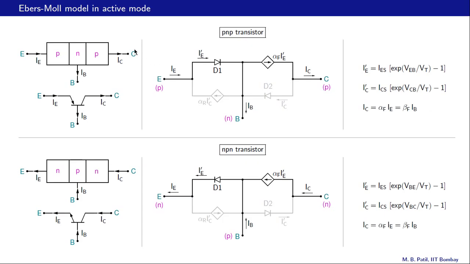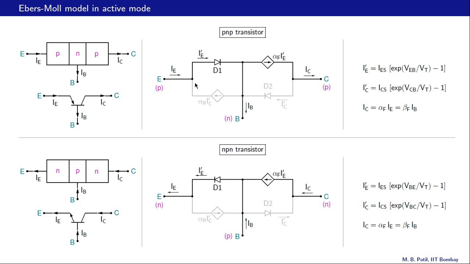Let us now look at the Ebers-Moll model in the active mode, and we have commented on this earlier, but let's just put it down once again because it's so important, and we'll do that for both PNP and NPN transistors. In the PNP transistor, what is the meaning of active mode?